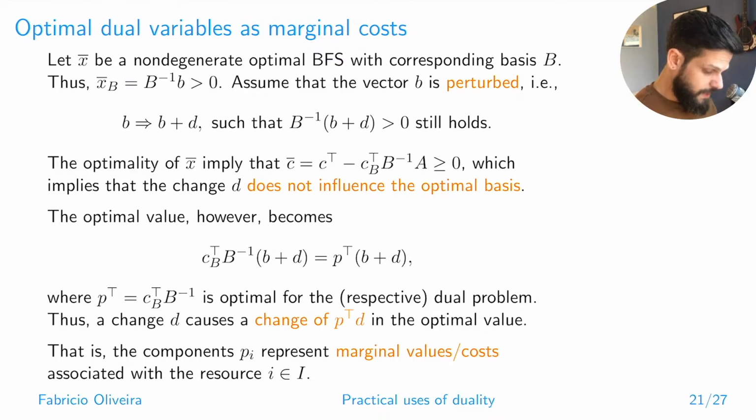And specifically, the value of the dual variable times this marginal variation would be exactly the potential change you see in the objective function, meaning that you can look at the value p as a sort of marginal value or a marginal cost for the resource i, to which this p is associated, which is a constraint.